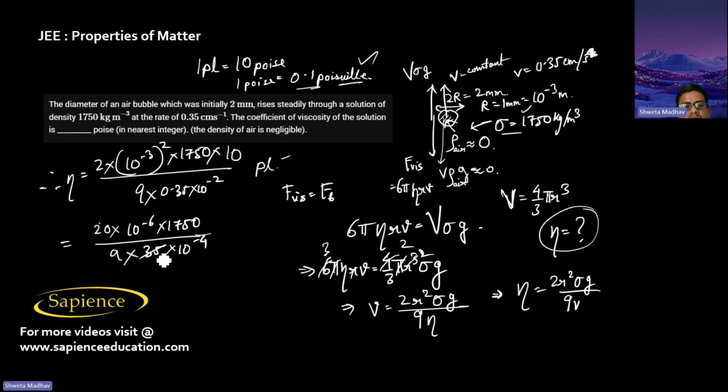So 5 7s are 35, 5 4s are 20, 7 2s are 14, 7 5s are 35. So 25 4s is again 100. So it's just 10 power 3 into 2 into 10 power minus 6 into 10 power 4, that we get by 9.